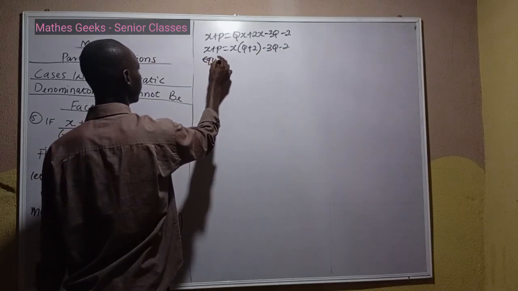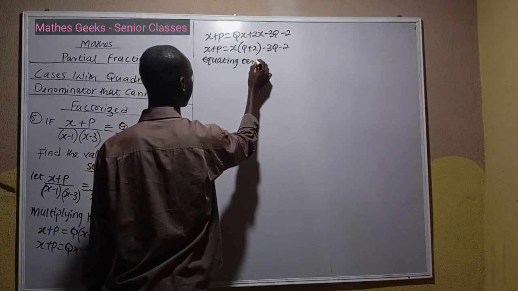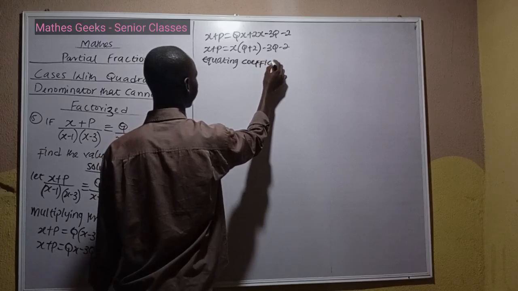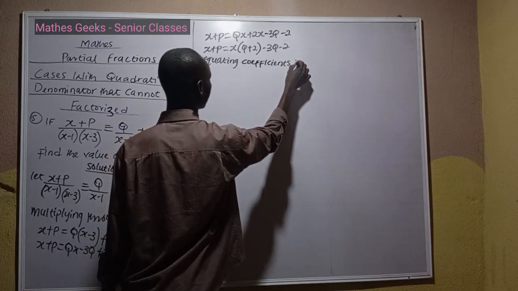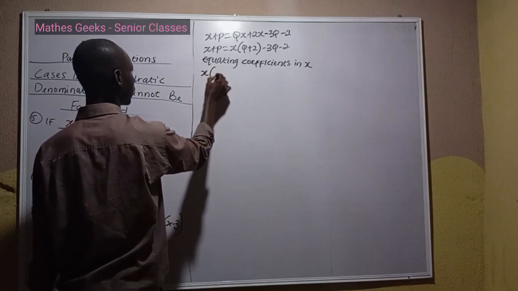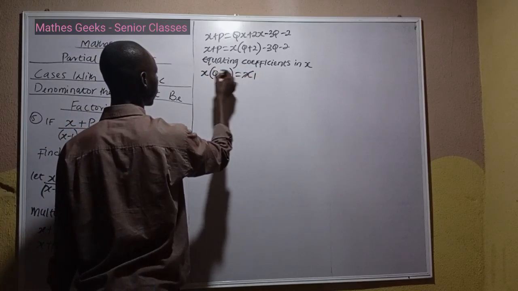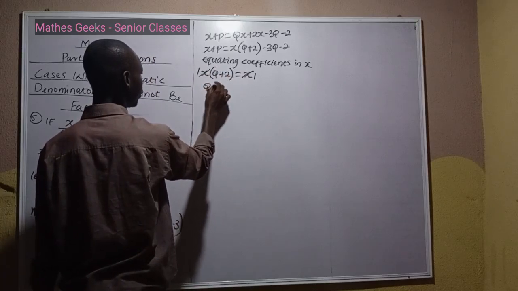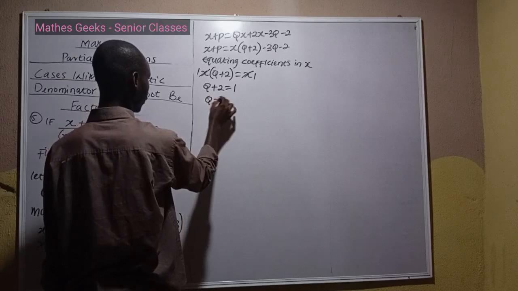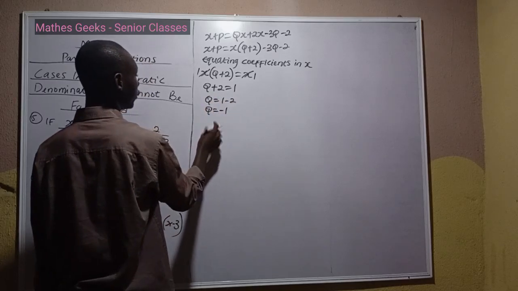So equating terms or coefficients in x, we have q plus 2 equals x, x is 1. So q plus 2 is equal to 1, and q is equal to 1 minus 2. So q is equal to minus 1.